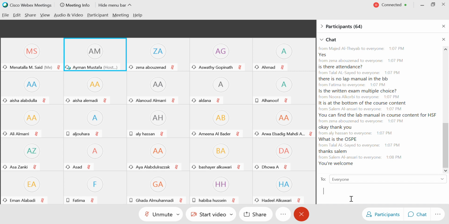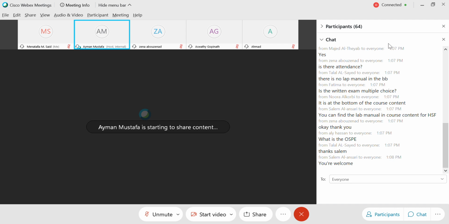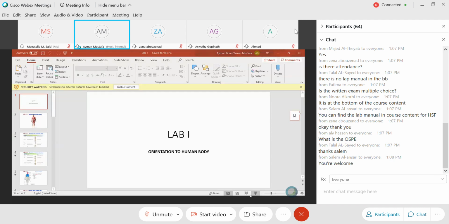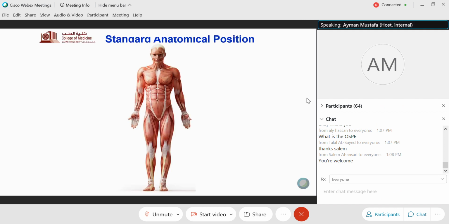It is relevant to both the OSPI and the written. Okay, so this is the window.